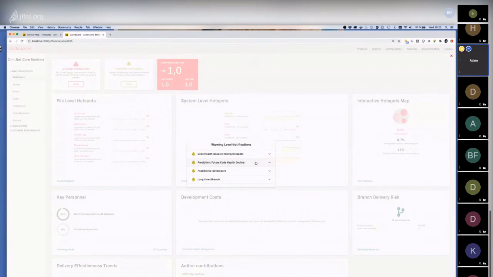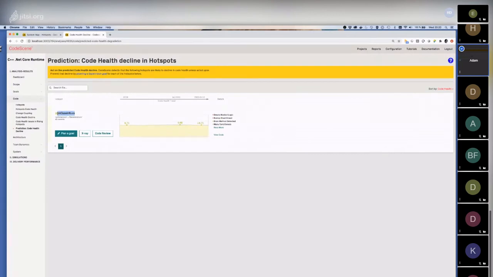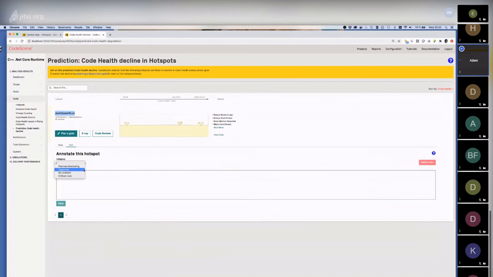So I can click here and I can see that I have a C# class, and CodeScene predicts that it will degrade down to a code health of 5 unless we do something. So now I can focus extra attention on supervising that code, which is something that CodeScene could even automate for us if we want.